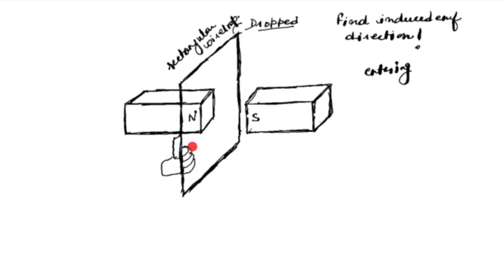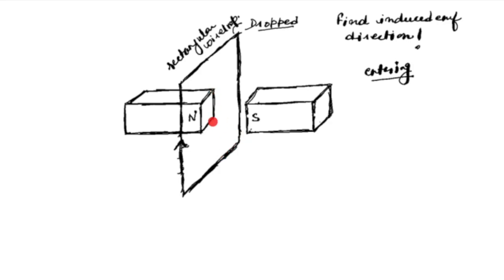So this will be going into the plane so that I can oppose this change. I don't want this magnetic field running through me, increasing from north to south. So while entering, the current will be in this thumb's direction, so it'll be up. So while entering, the direction of induced EMF will be up.